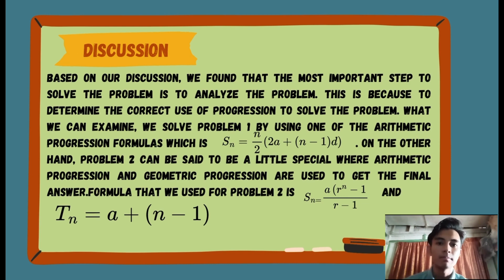On the other hand, problem 2 can be said to be a little special, where arithmetic progression and geometric progression are both used to get the final answer. The formula that we can use for problem 2 is Sn equals A times (R to the power of n minus 1) over (R minus 1), and n is equal to 1 plus (n minus 1) times d.